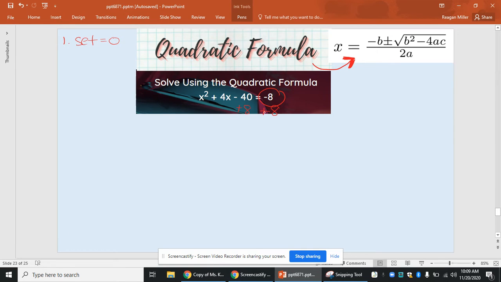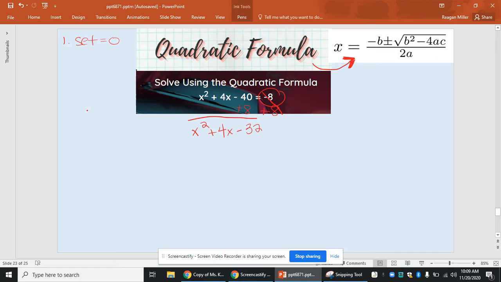So if I add 8 to both sides of the equation, it cancels out on the right side. And then I'm going to simplify it on the left. So I just bring down my x squared, bring down my 4x, and then I have a -40 plus 8. That's going to give you a -32.